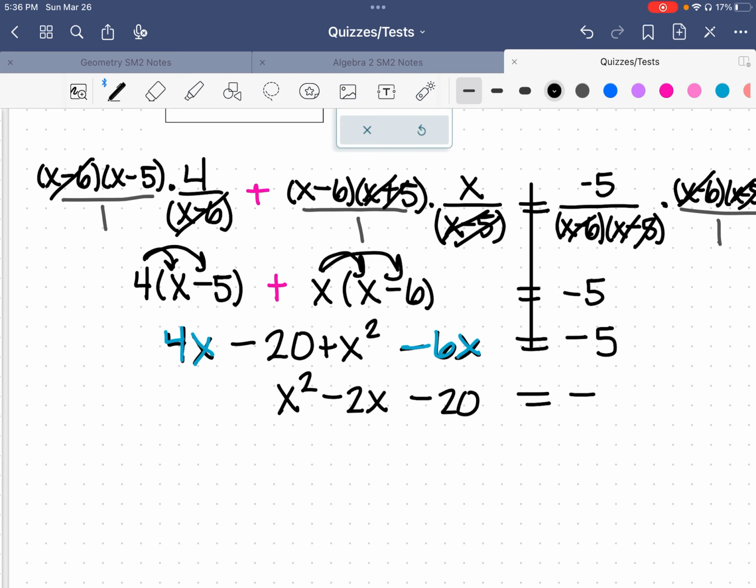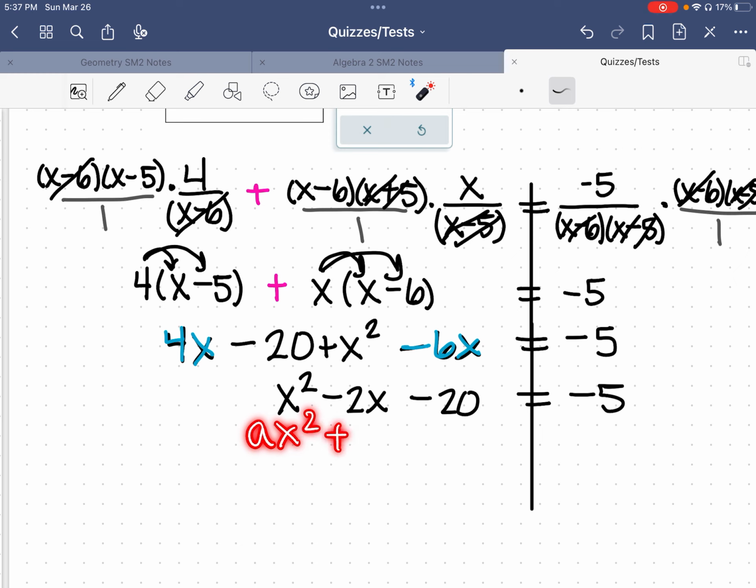Now, what you see that I have gone ahead and done is I've written it in standard form. The reason for this, I want to have the x squared term first, then I want to have the bx term, and then I want to have the c term, right? Because I want it to look in standard form, which looks like this. And the reason for that is because my next step is going to be to factor.